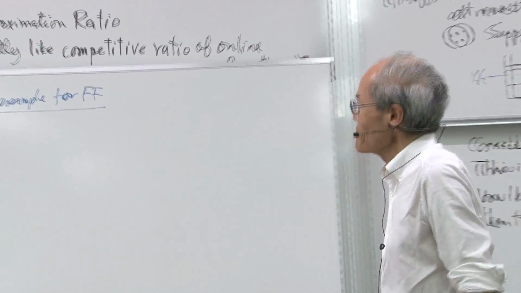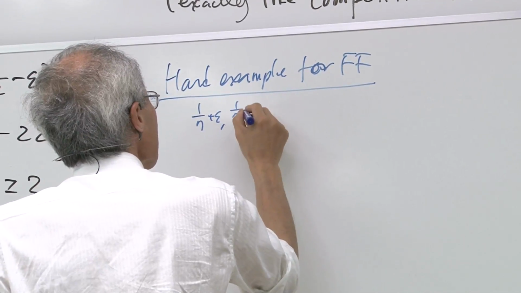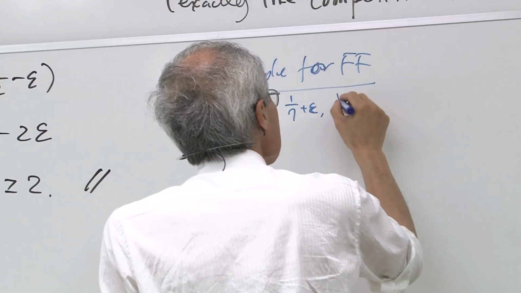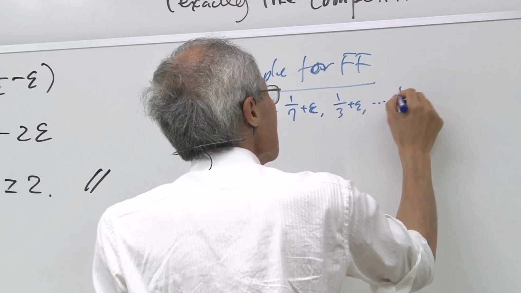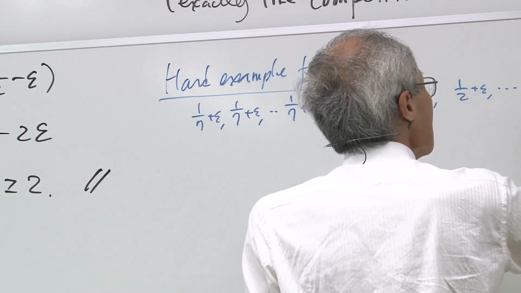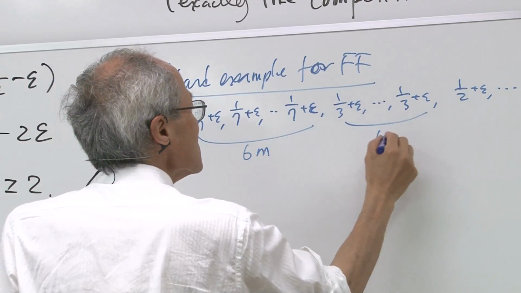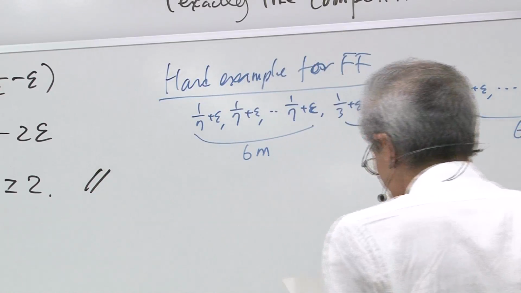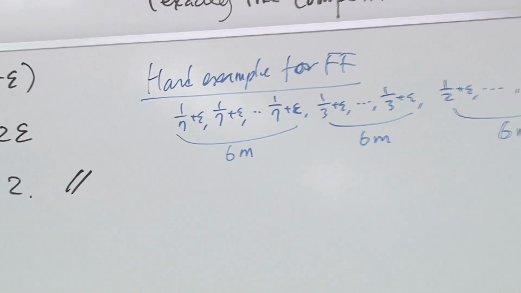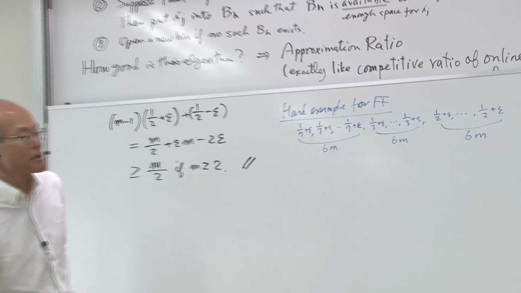So the third example for FF is: we have 18m items, where m might be a big number.